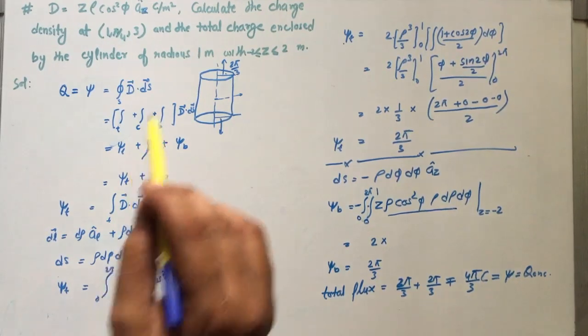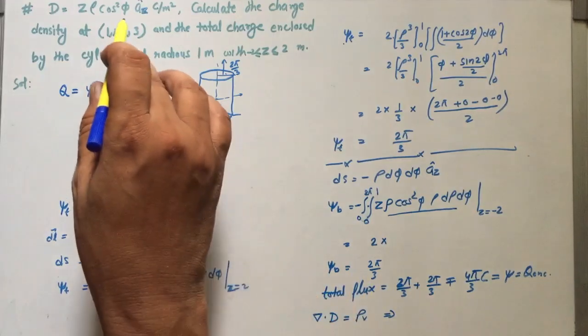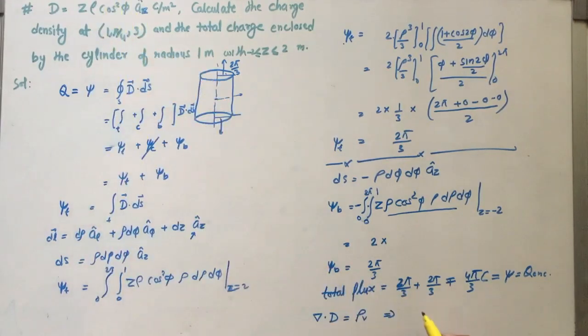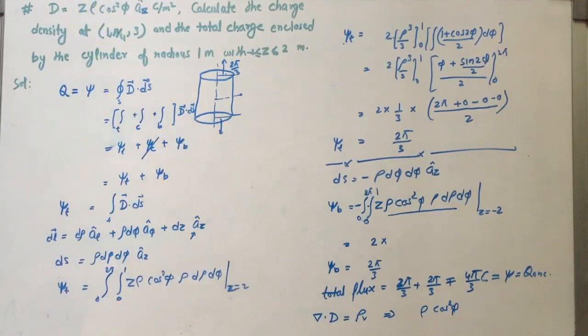And still the charge density is required to find, and from the previous question and from the study we know that del dot D will give us rho v. If we proceed, then the derivative in the z direction will be there only, and the derivative with respect to z will give you rho cos square phi. The remaining quantities will be considered as constant, only z will be differentiated.